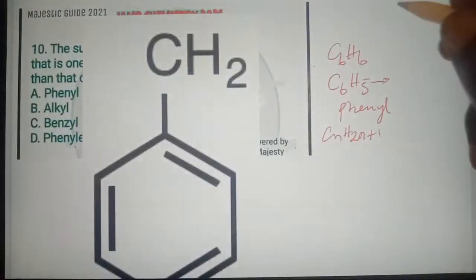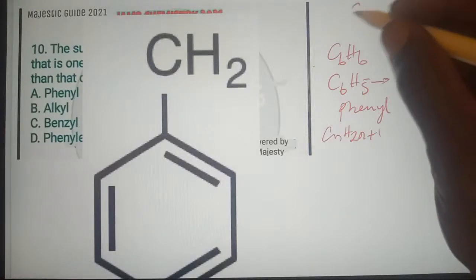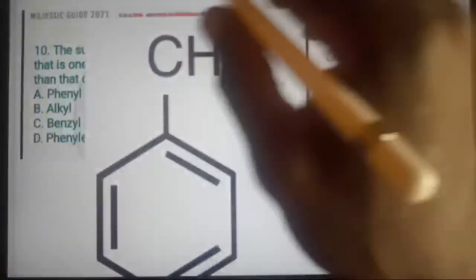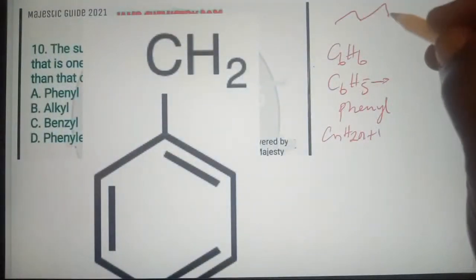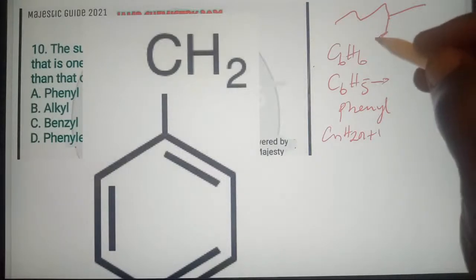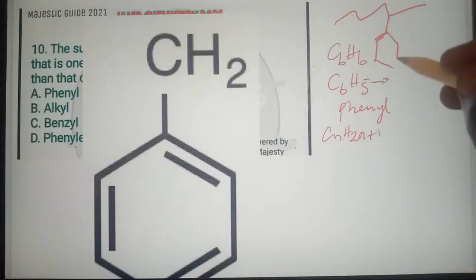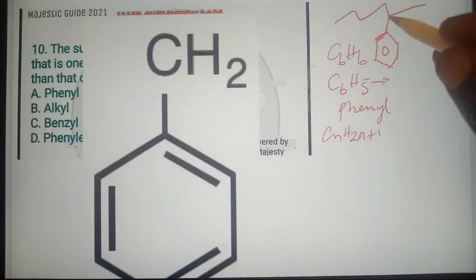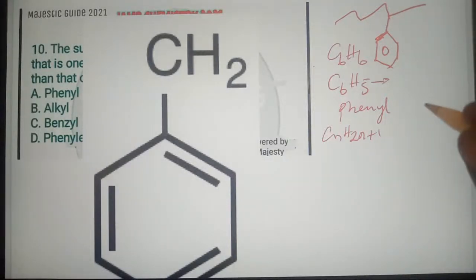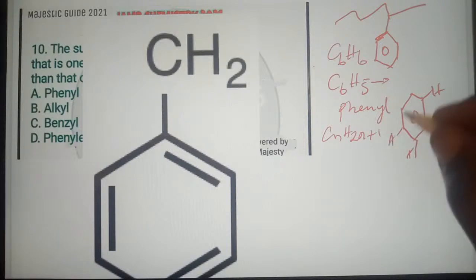If you have benzene, let's assume this is a straight chain. Let me use a reduced form. Let's assume we have a compound like this, and you have benzene. This is just called phenyl because the hydrogen that's supposed to be here has been displaced, so what we have is only C6H5.